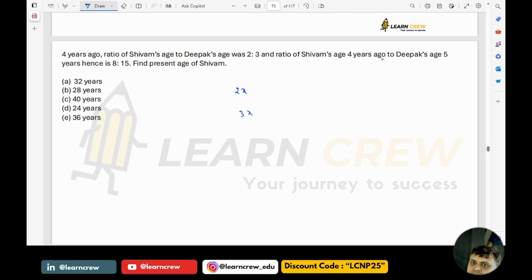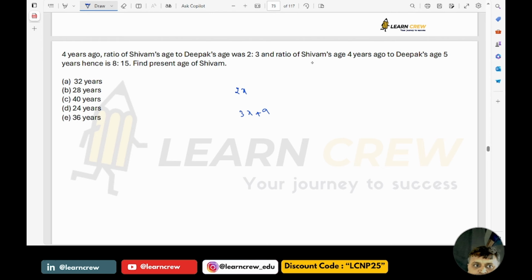The ratio of Shivam's age 4 years ago and Deepak's age 5 years hence is asked. 5 years hence Deepak's age would be 3x plus 9. After 5 years it is 2x plus 9 and 3x plus 9.